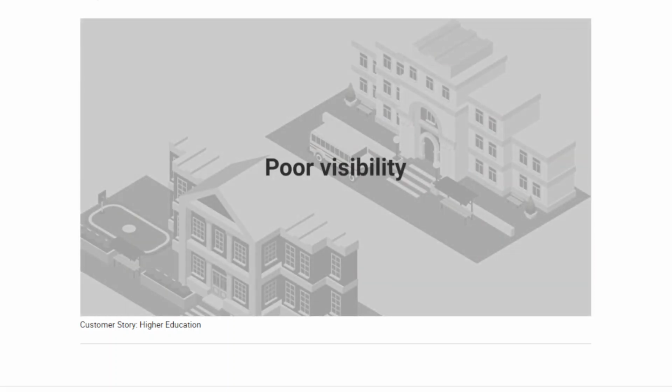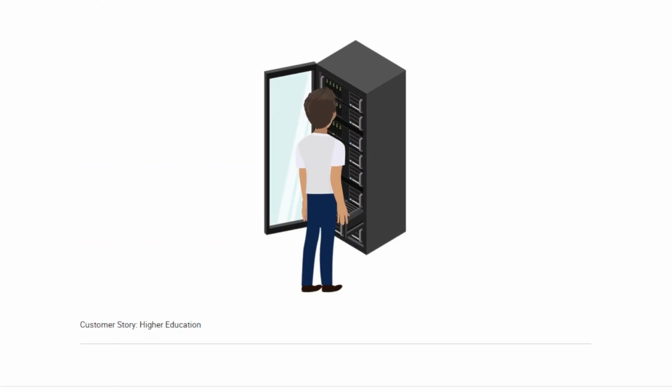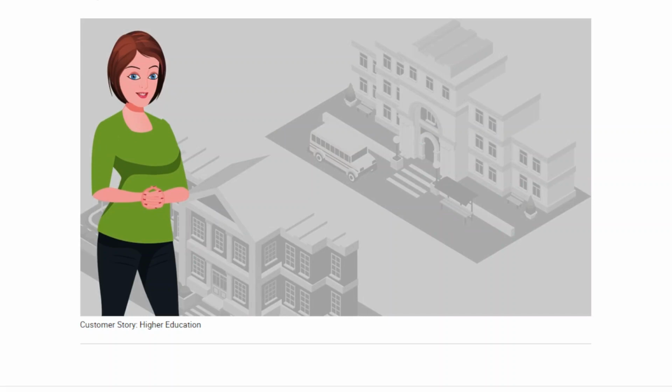What they don't have good visibility into are things like the temperature of their network closets that are housing their critical network infrastructure, whether or not water leaks may be affecting any of these spaces, and whether anyone has been intruding into these spaces.